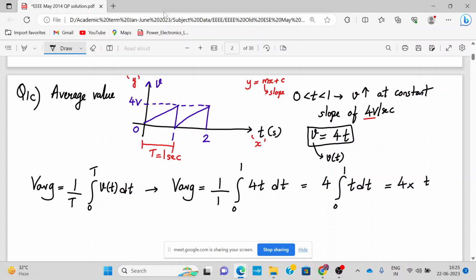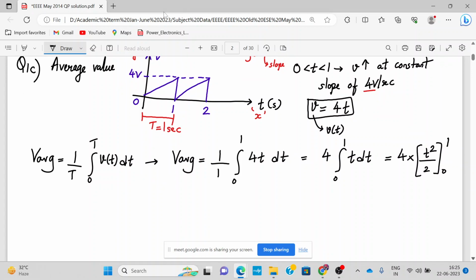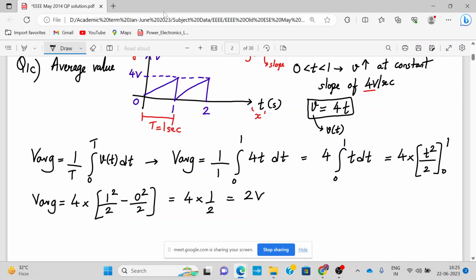T square by 2, with t going from 0 to 1. Now just a formality: 4 into 1 square upon 2 minus 0 square upon 2, which comes out to be 4 into half, which is 2 volt.